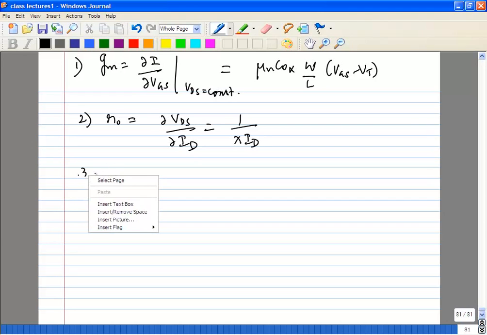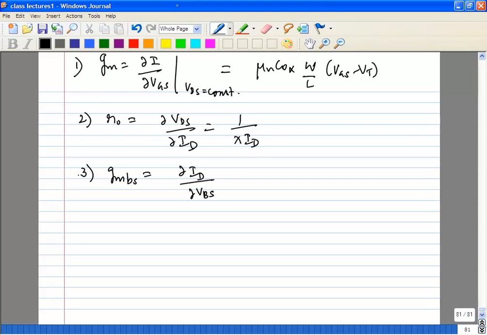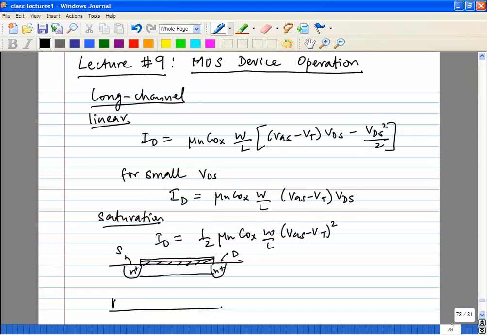Okay. How do you find out Gmbs? How does this come about? So the current to voltage relationship we showed does not explicitly have a dependence on VBS, right? So where does it come from?